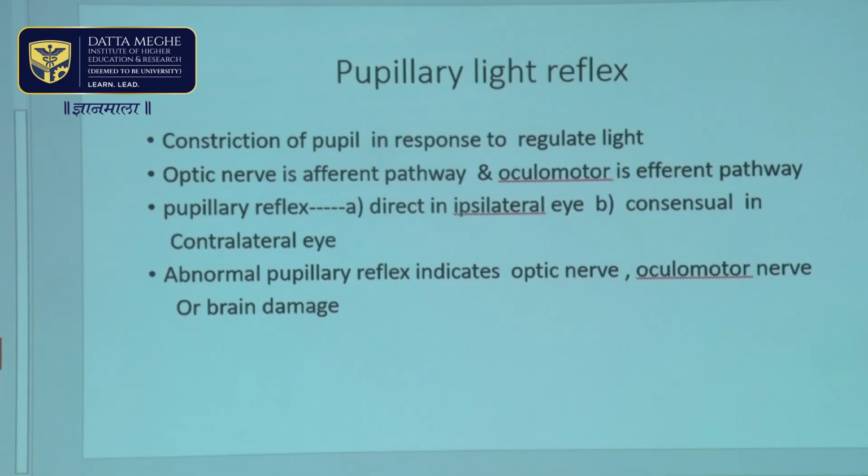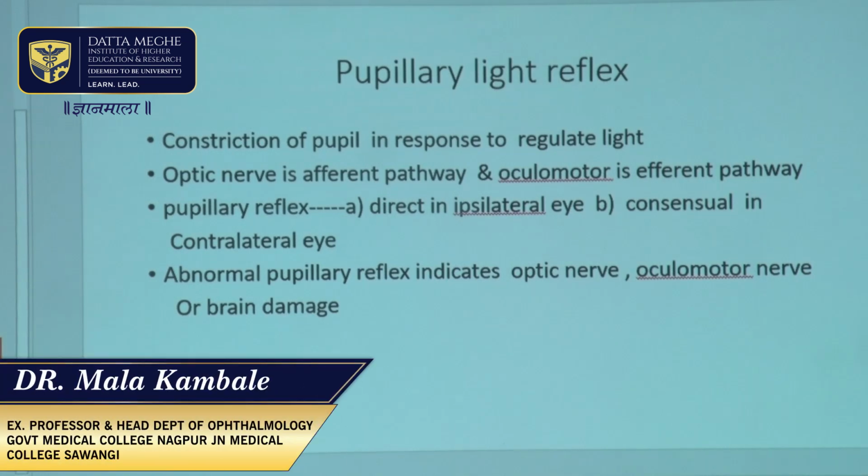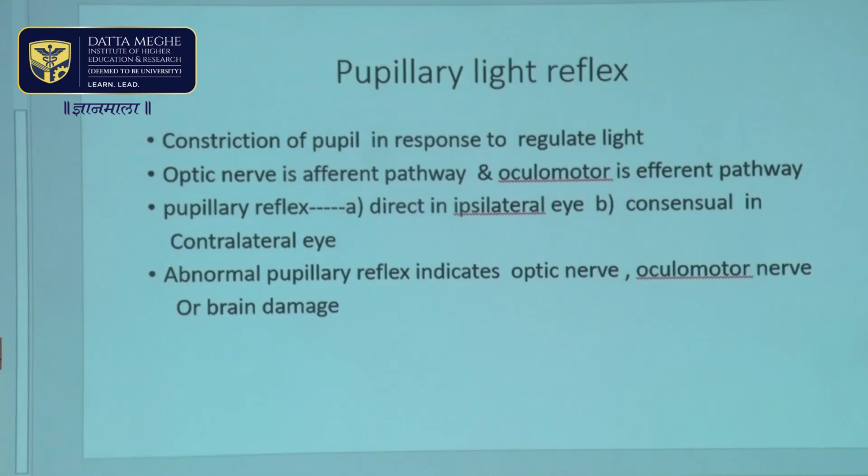Here in this light reflex, the optic nerve is the afferent pathway and the oculomotor nerve is the efferent pathway. There are two types of reflexes. One is direct, in the same eye, and the second is consensual, in the contralateral eye. Whenever you throw a light into one eye, the pupil constricts, and this we call a direct reaction in the ipsilateral eye.